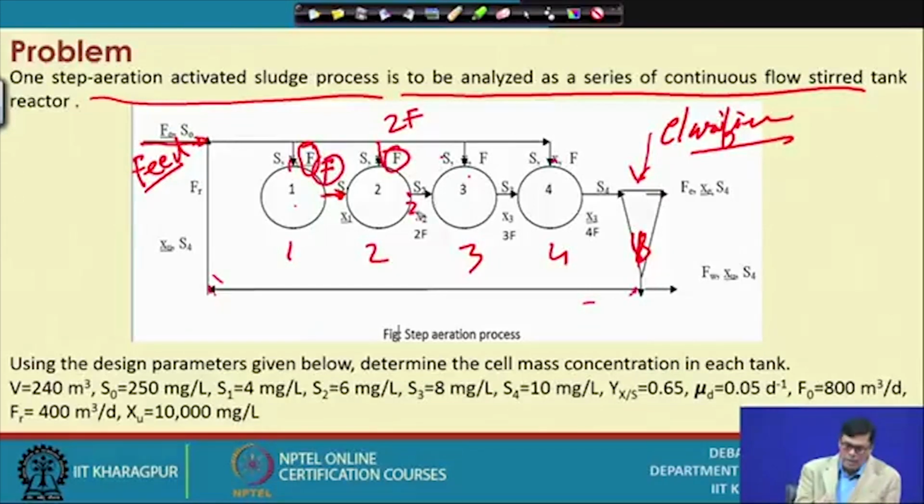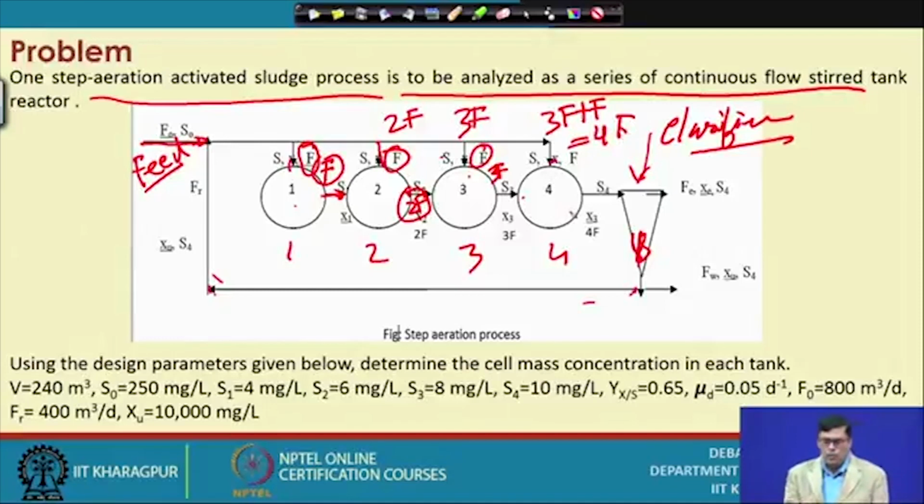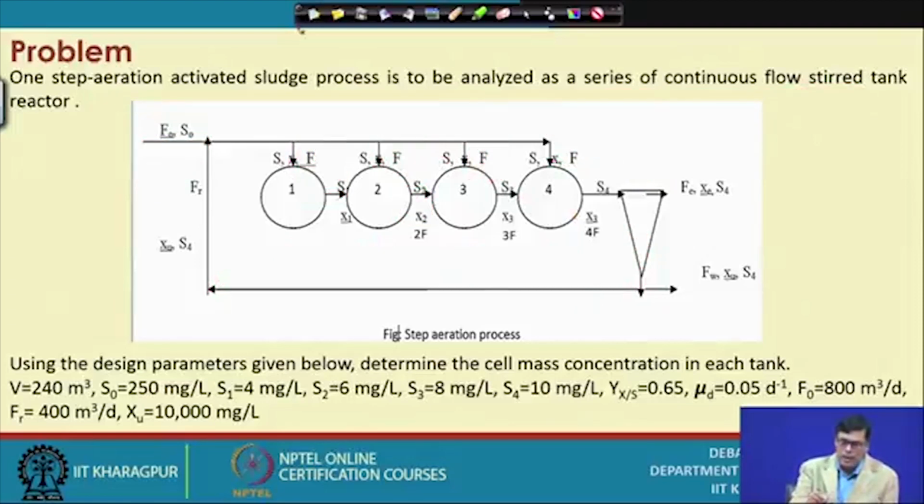In the third reactor, the flow rate is 2F plus F, that is 3F. And the fourth reactor will be 3F plus F, that is 4F. So, this is the overall flow rate in the fourth reactor. Let me see how we can solve this problem.